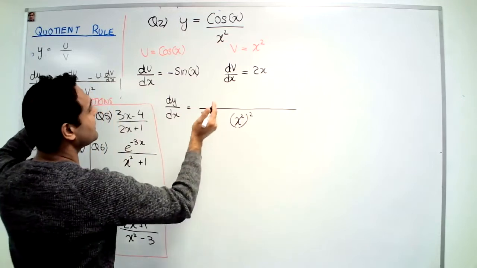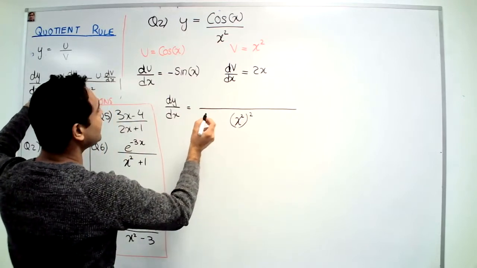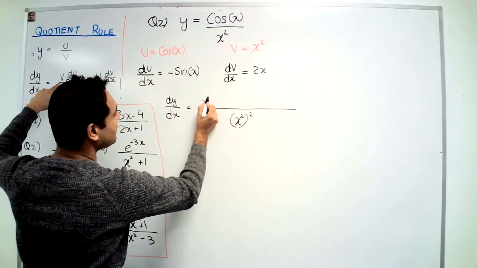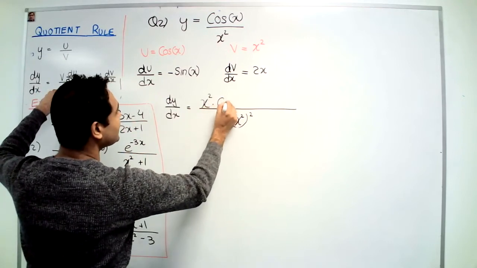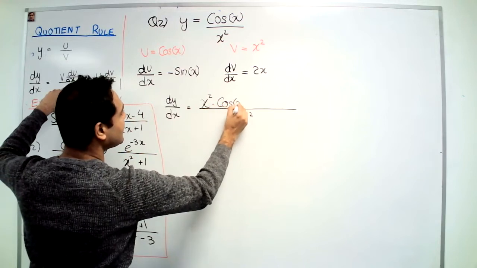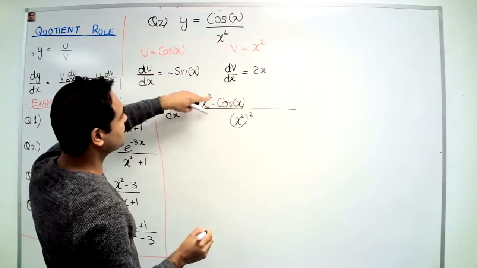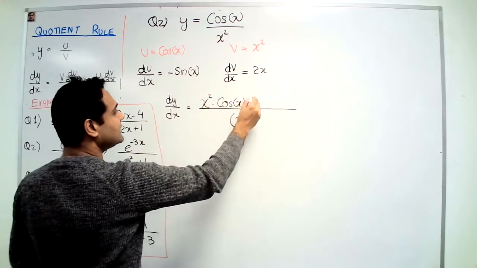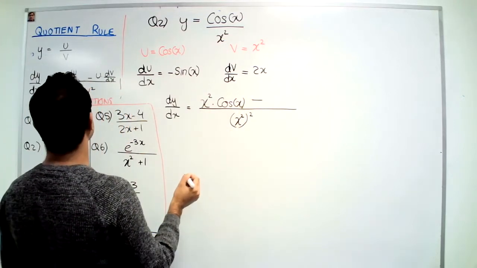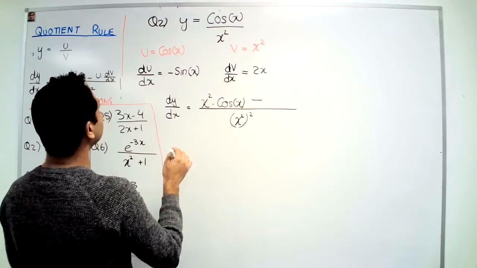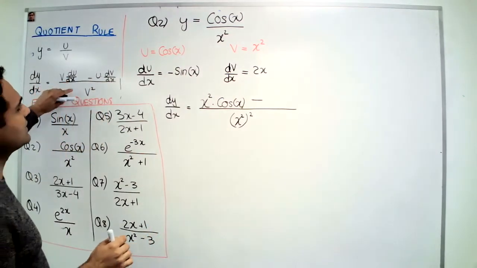Then I have v here, which is x squared, and then du over dx. This cos x comes here. Then there's a minus in the formula. No, sorry.